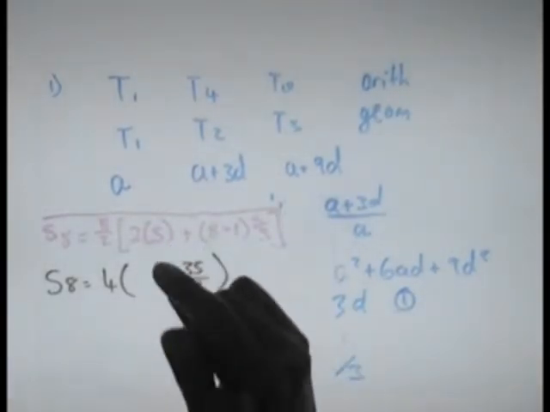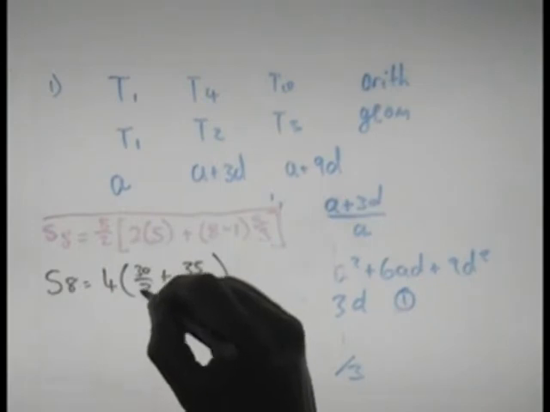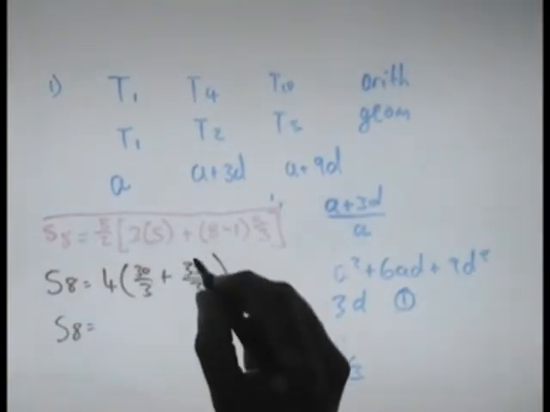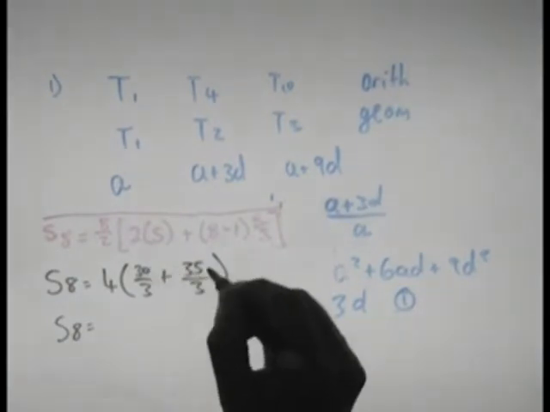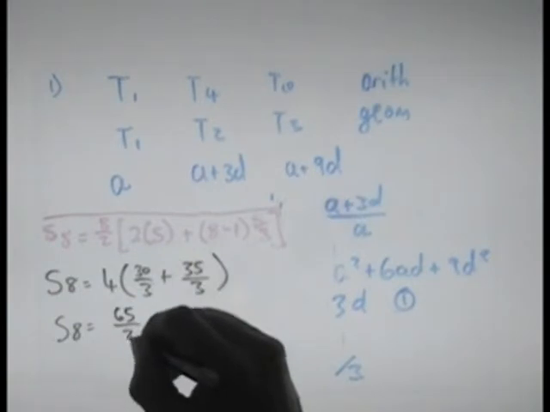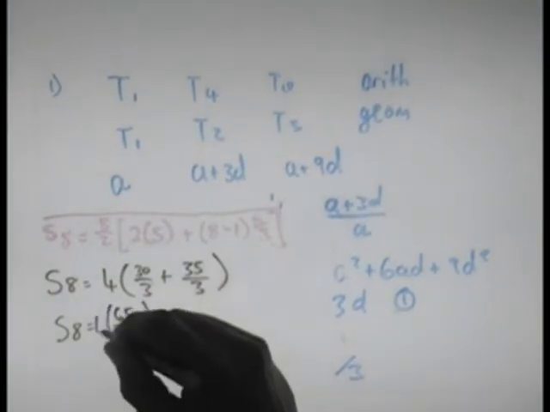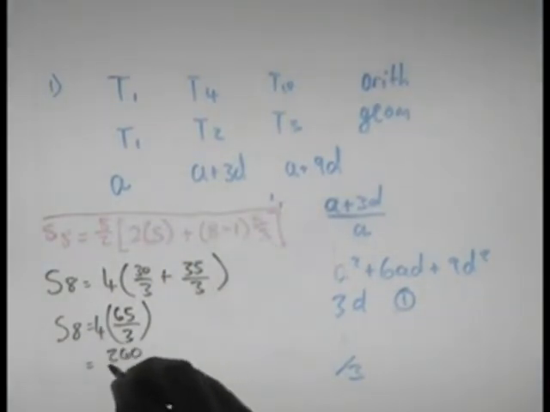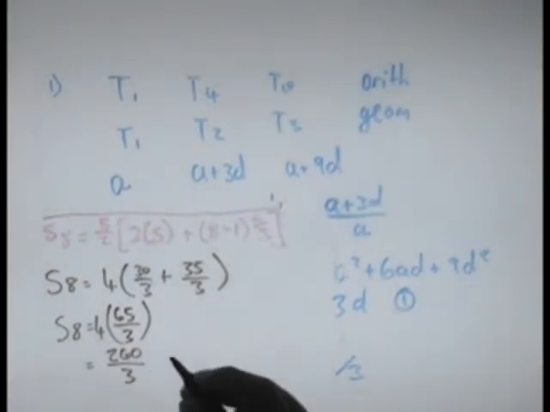10 is the same as 30 over 3, common denominator. That means that the sum of 8 terms is equal to 30 plus 35, which is 65 over 3, multiplied by 4, which is 65 times 4, which is 260 over 3.